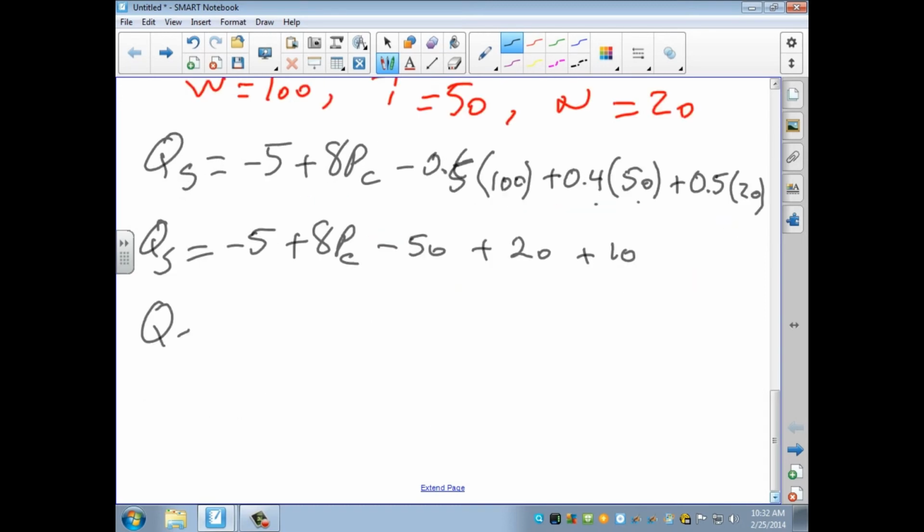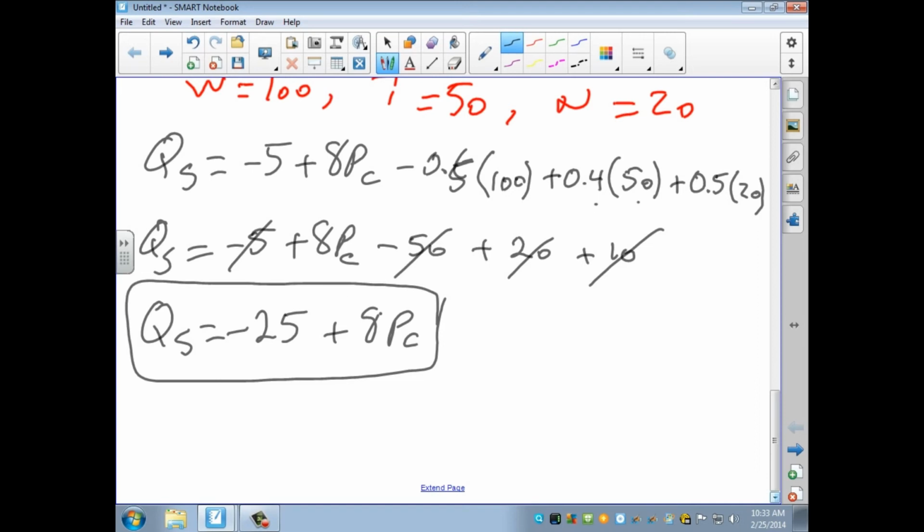Therefore QS equals 10 and 20 is 30. 30 minus 50 is minus 20. Minus 20 and minus 5 is minus 25 plus 8 PC. Now this is the quantity supplied as a function of price of copper.